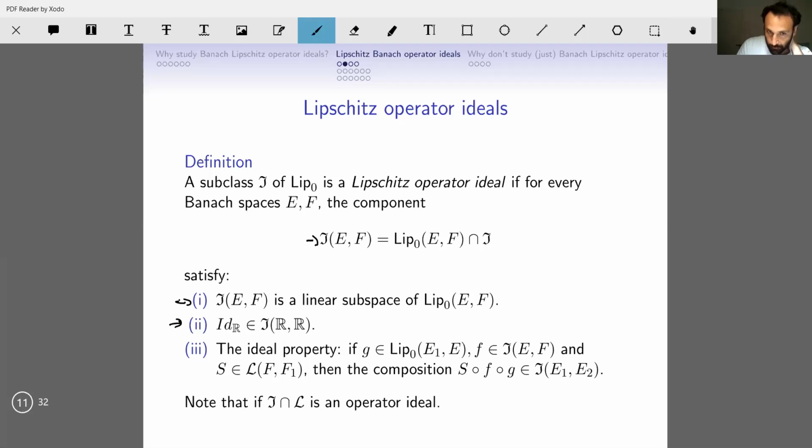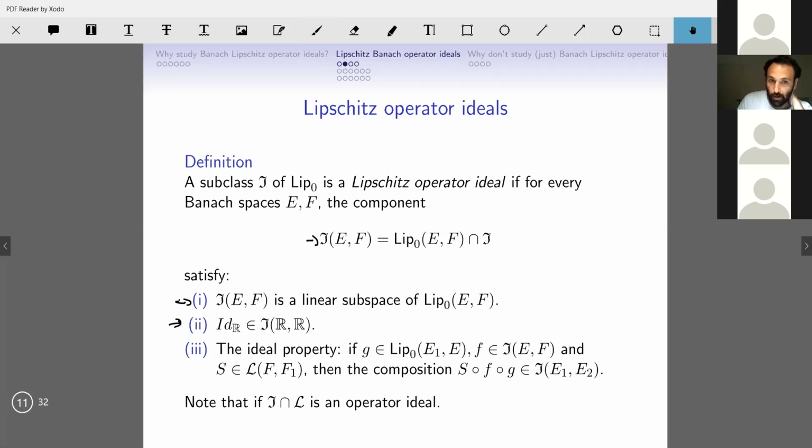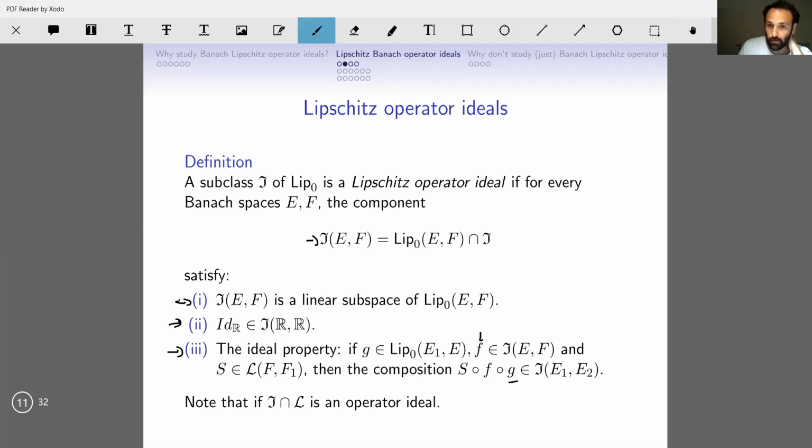The identity of R is always in the ideal, and here we have the ideal property: if we have a function in the class and we compose on the right with a Lipschitz function and on the left with a linear function, then the composition is still in the class.